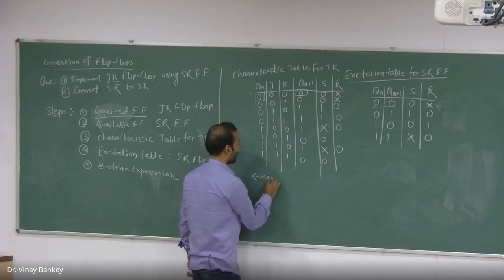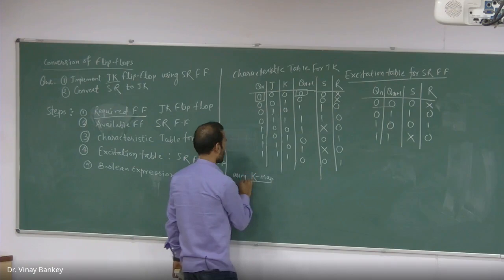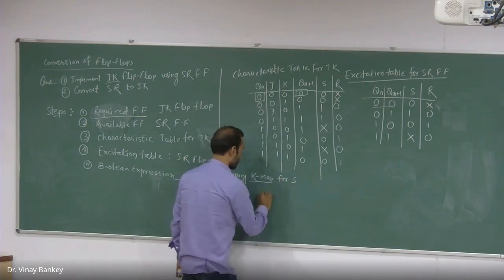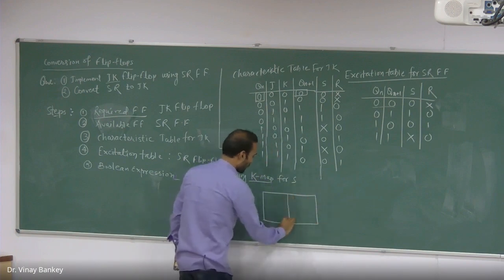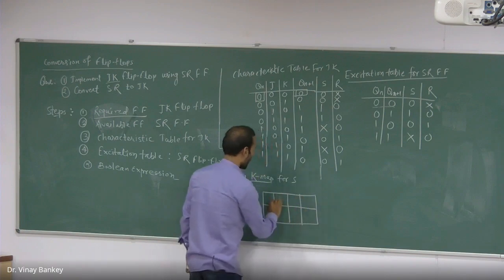Now we'll write the Boolean expression using K-map for S. And what will be the variables? The variables will be J, K and Qn.